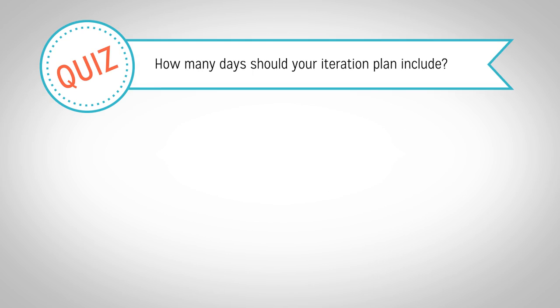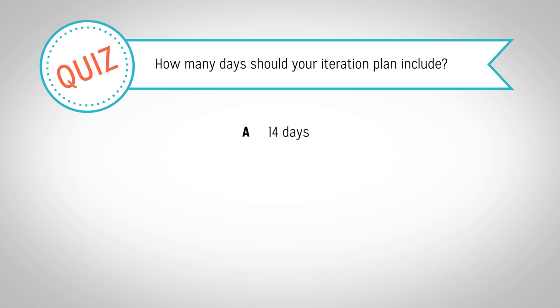You are creating an iteration burndown chart for a development team. The team does 2-week sprints and has a 2-day weekend in the middle of the sprint. No developers work on the weekend. The team is also attending a conference for 1 day during the sprint and will not be able to work on the product that day. How many days should your iteration plan include?